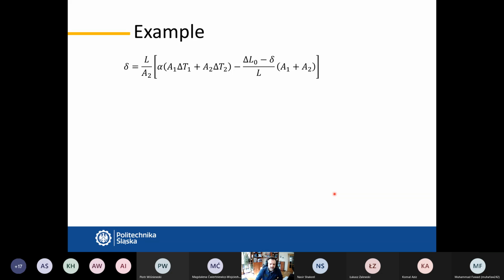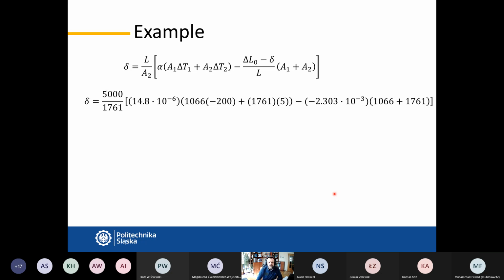If we put all the information there, the material data, the dimensions, and so on, we'll get that the gap should be close to 2 millimeters.